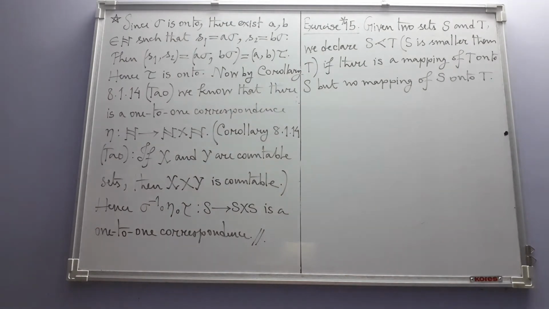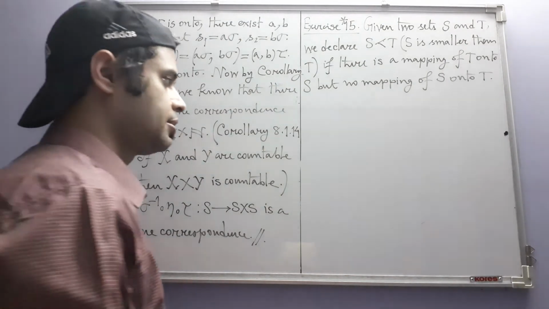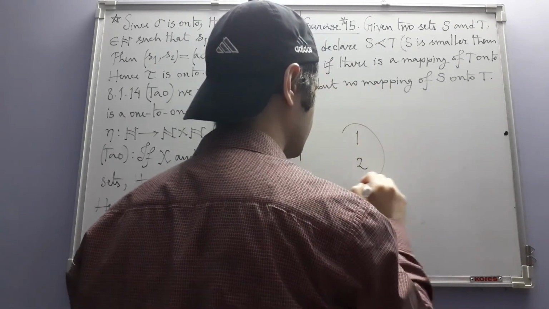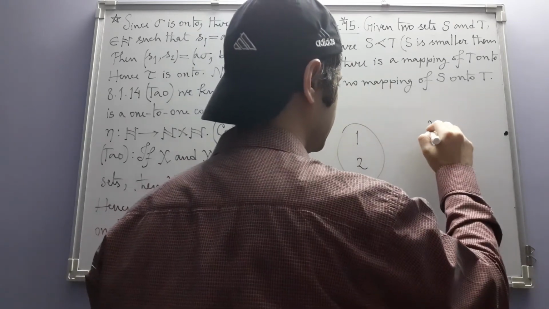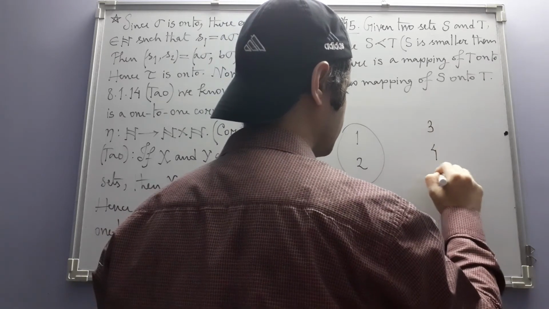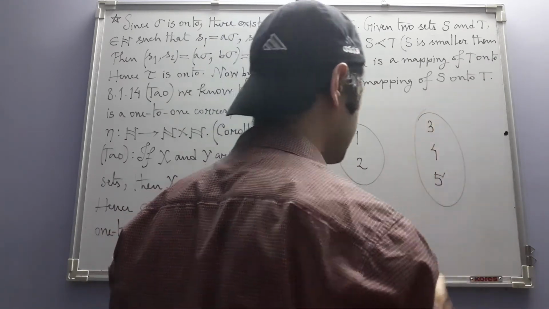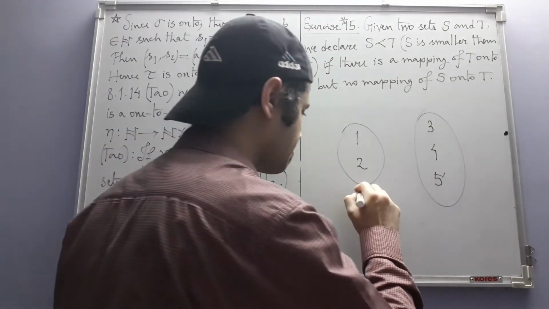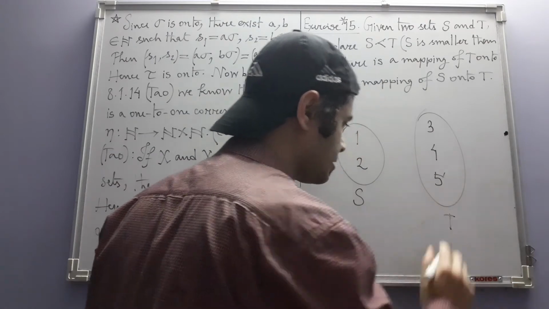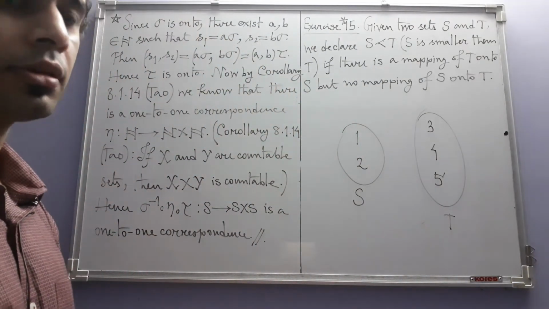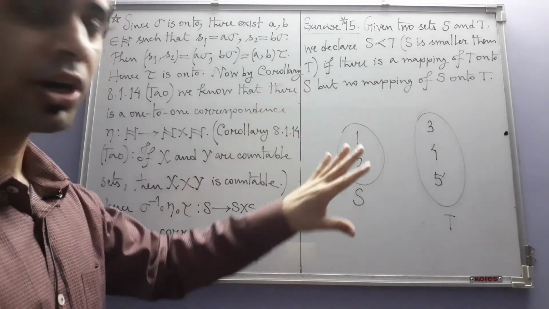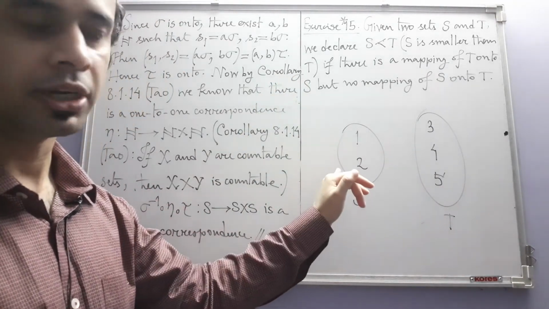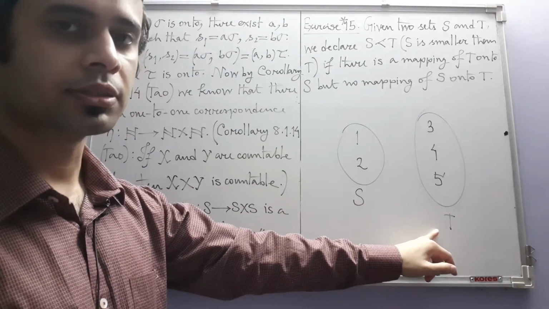To understand this definition, we can take one example. Say this is my S and this is my T, which have totally different elements. In fact, they are disjoint, there is nothing common. Now you can see that in the usual sense of number of elements, S is smaller than T. S has 2 elements and T has 3 elements.